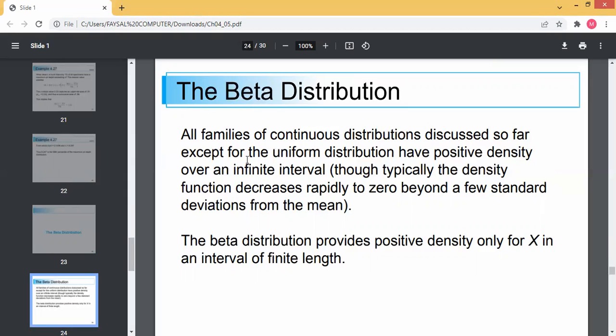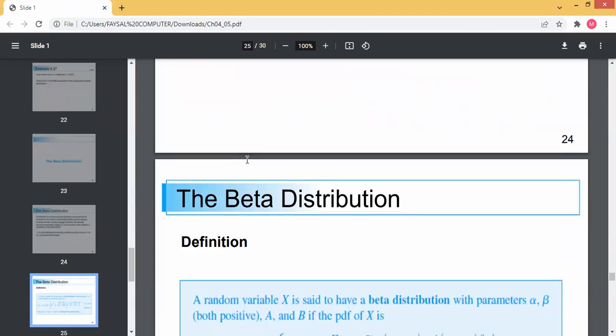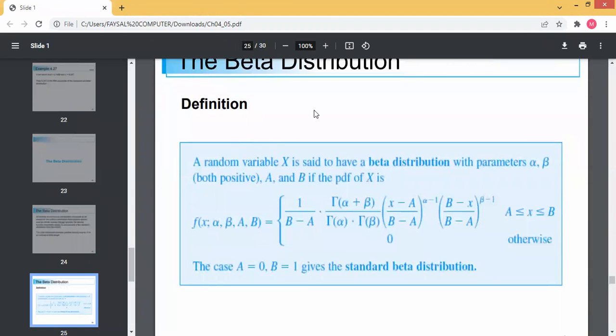The beta distribution provides positive density only for x in an interval of finite length. A random variable X is said to have a beta distribution with parameters alpha and beta, both positive, and A and B values.